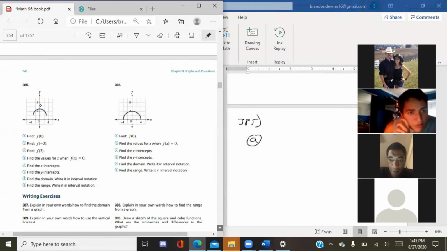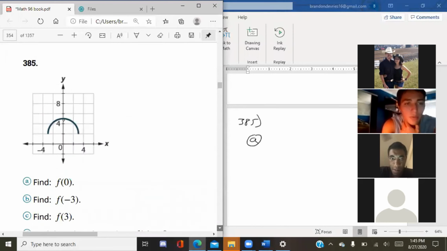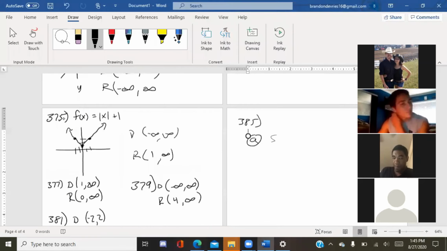It's going up by 2, so right in between 4 and 6, it would be 5. So the A would be 5.